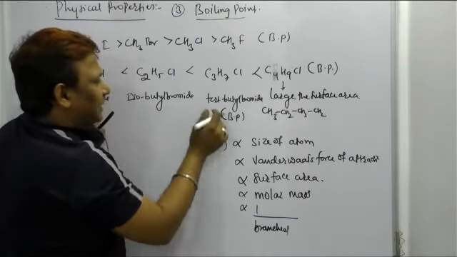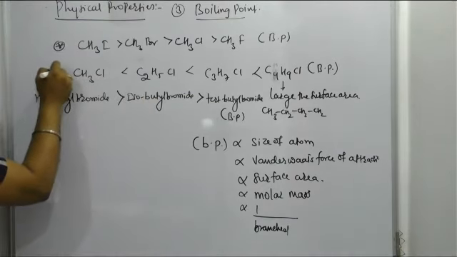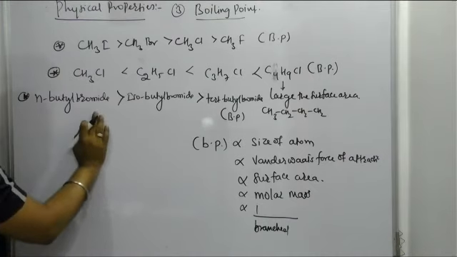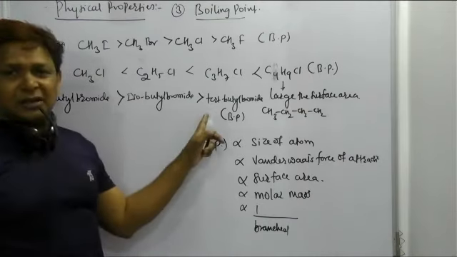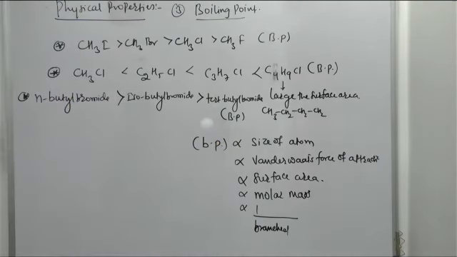Greater the branching, lower the boiling point. That is the order of boiling point. n-butyl has a larger surface area, a straight chain with no branching, so the greater boiling point. Tertiary has branching; more branches, lower the boiling point. Is it clear? Very good.